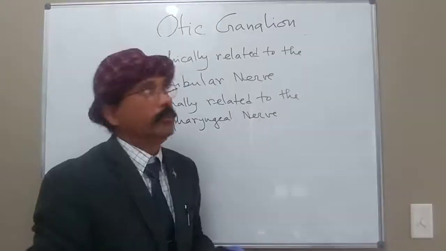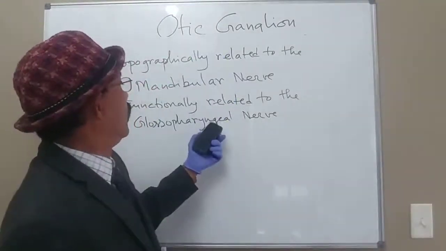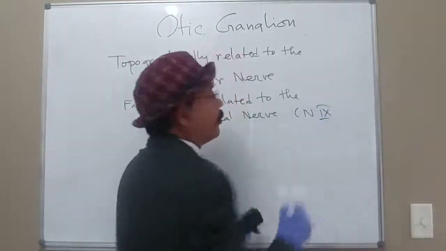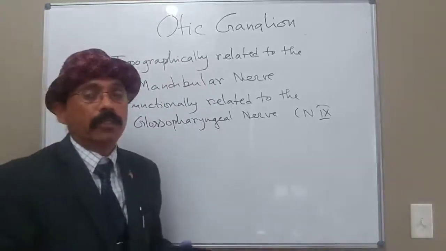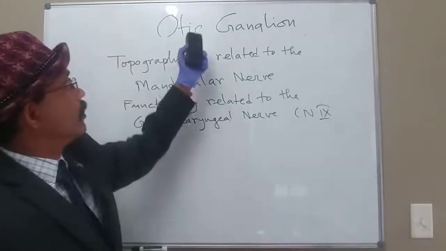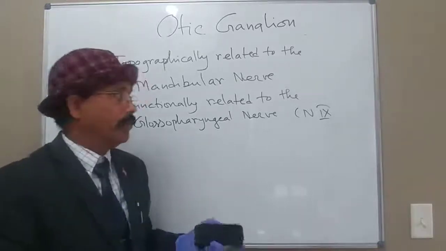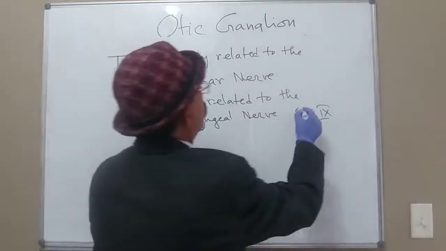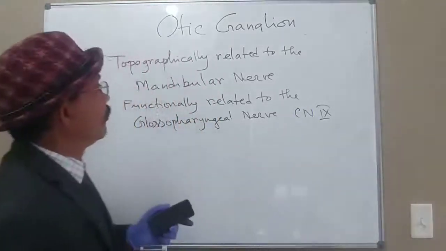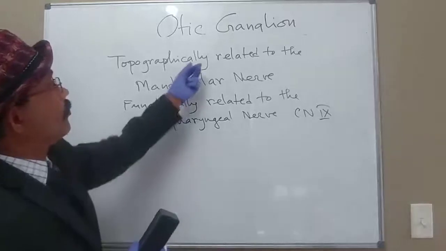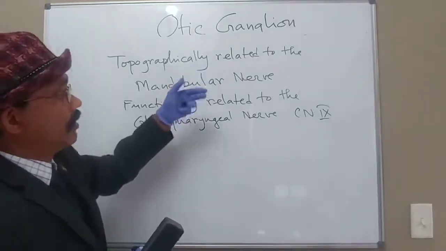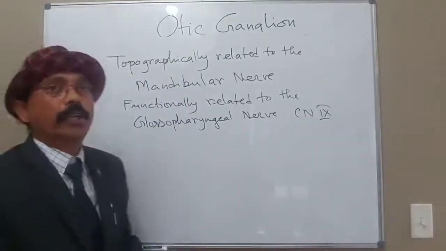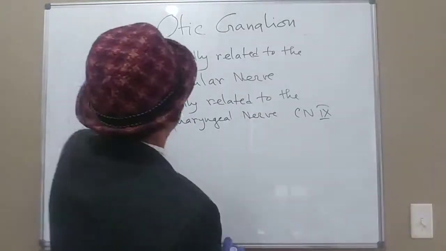The glossopharyngeal nerve provides the parasympathetic innervation to the otic ganglion, the preganglionic fibers going through it. It is almost adherent to the mandibular nerve, just medial to that. That's why it is topographically related to the mandibular nerve. Okay, we got that.